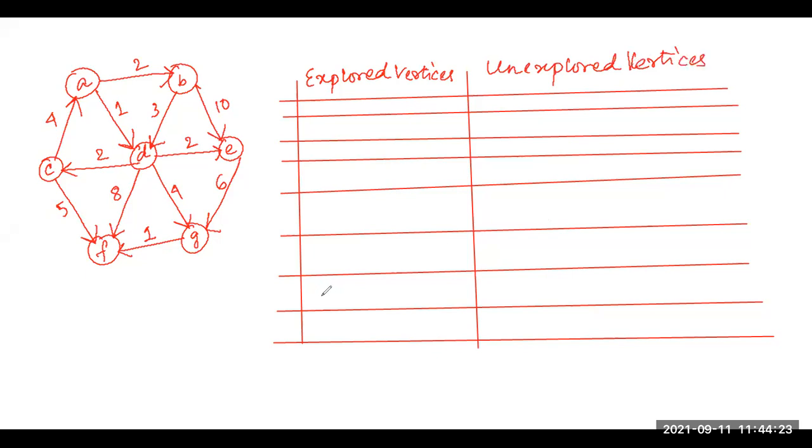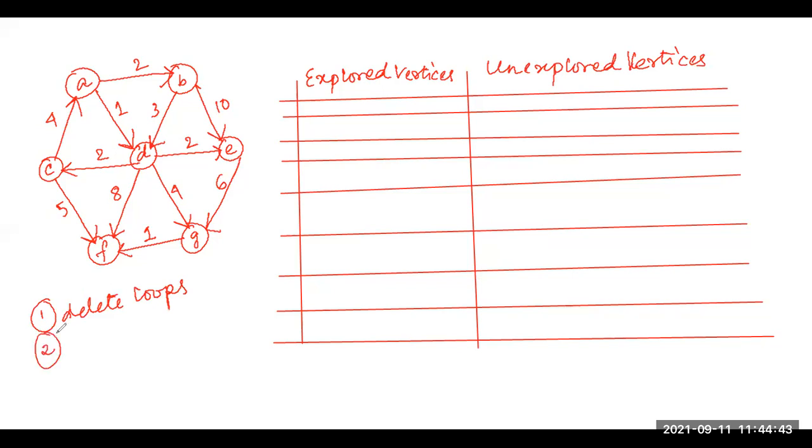Okay, so just like the concept of other algorithms which we were studying, first we will delete any loops. So the first condition is delete all the loops if any. There are no loops, so it's not a problem.